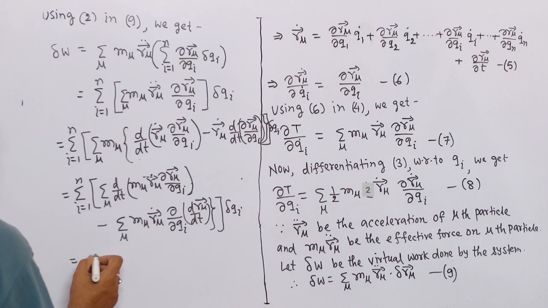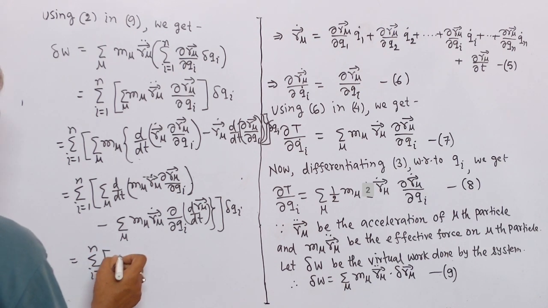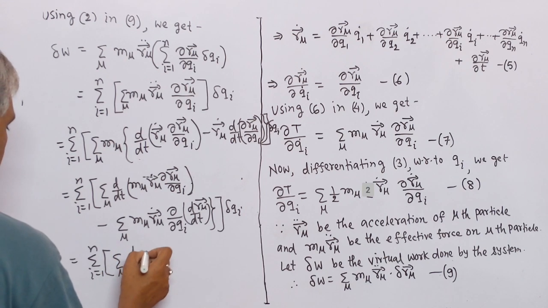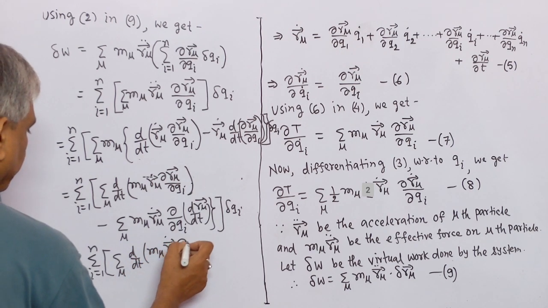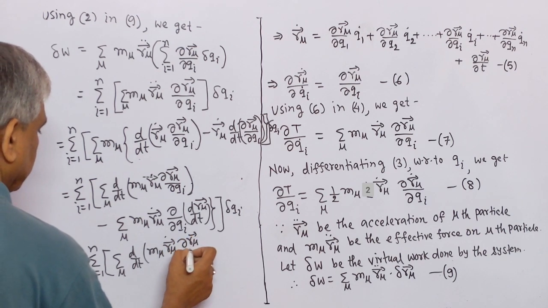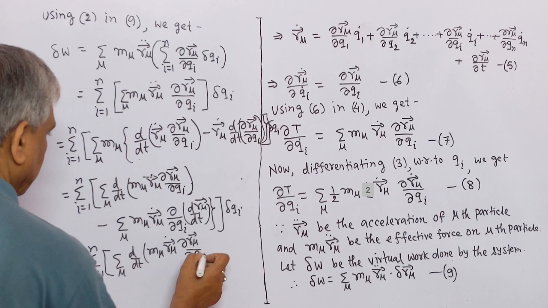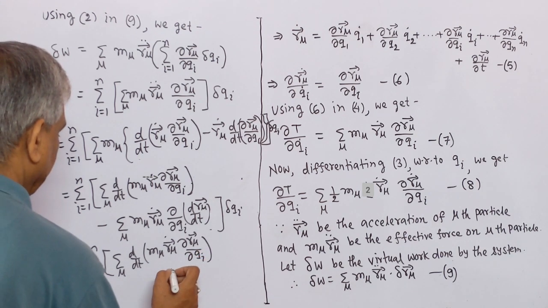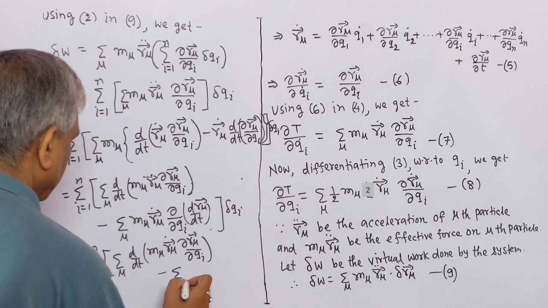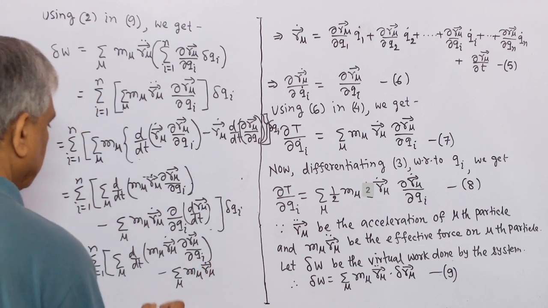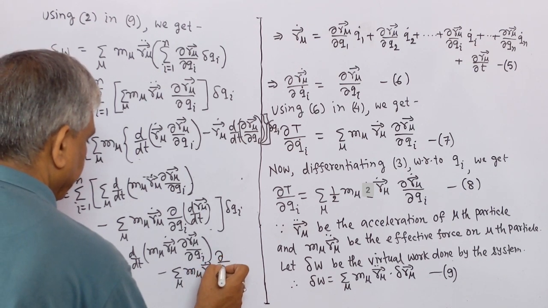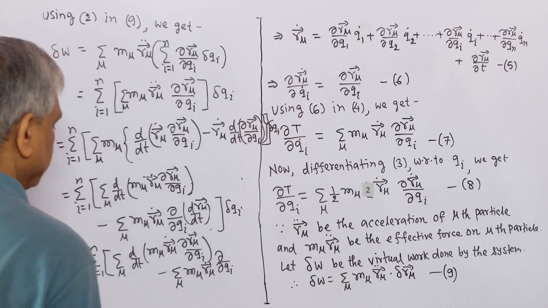This is equal to sigma i equal to 1 to n bracket sigma mu d by dt a mu r mu dot partial derivative of r mu vector with respect to qi minus sigma mu a mu r mu dot partial derivative with respect to qi.